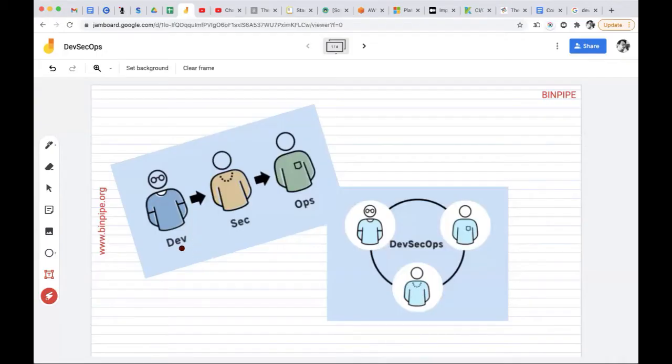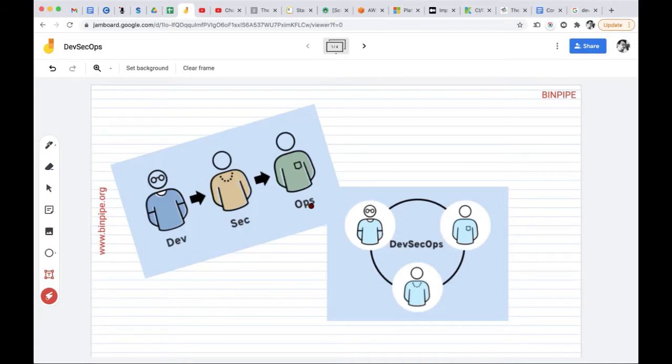Here we are. You can see three guys, Dev, Sec, and Ops here. Now, all of them are independent. Developer writes the code, dumps it over on the repository. Security guy checks whether the code is secure or not, and then if it is and the servers are secure, dumps it over to the ops guy, who would now be responsible to have the code in production and maintain reliability of the website or the web application, whatever that thing is.